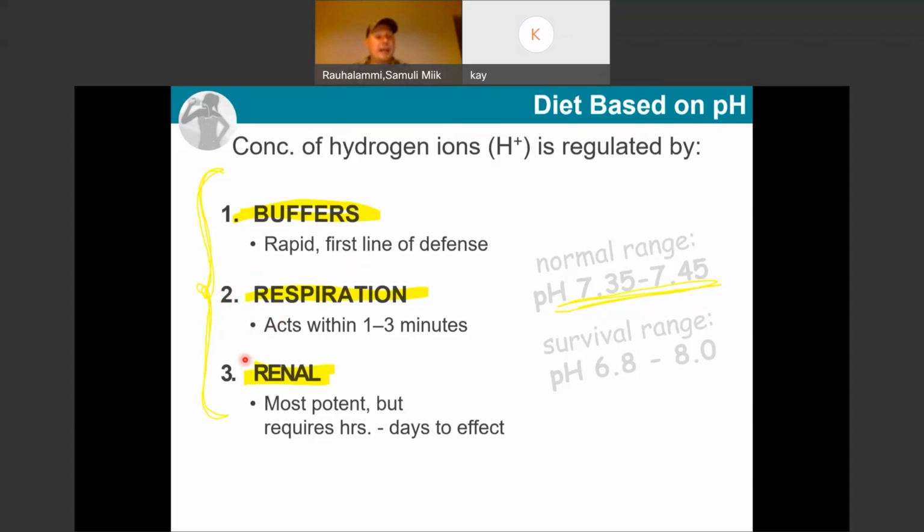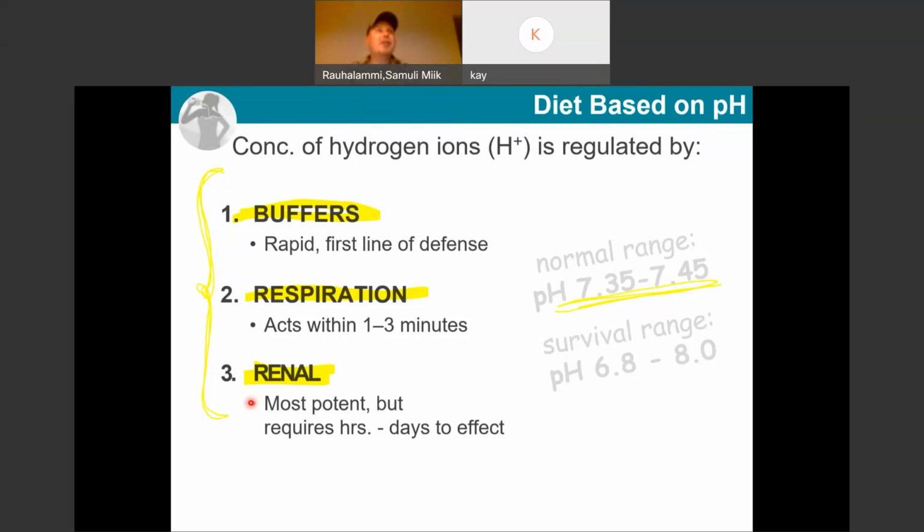The third mechanism, the renal mechanism, you'll be familiar with from last week's chapter where we looked at the kidneys and urinary system and how kidneys were able to remove excess hydrogen ions from the blood through their function and through their work. Of course, the trouble is, even though we can pee out excess hydrogens, this is a slow mechanism.